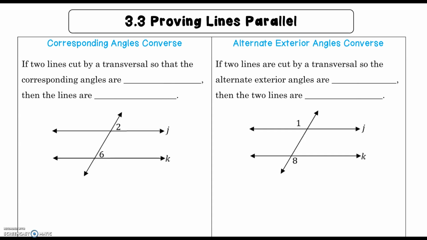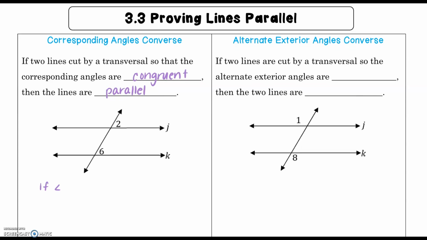So first we have our corresponding angles converse. If two lines are cut by a transversal so that the corresponding angles are congruent, then the lines are parallel. So we know here that angle 2 and angle 6 are corresponding angles.